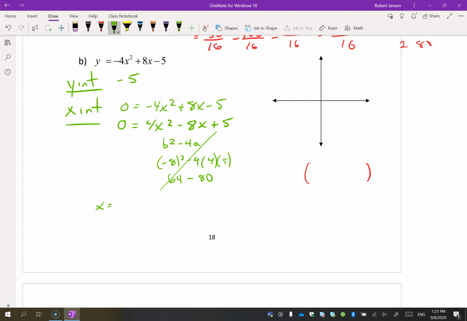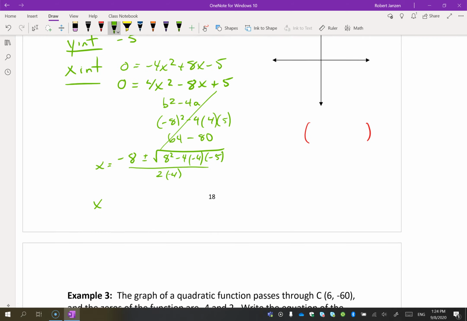Well, you're going to go negative 8 plus or minus the square root of 8 squared minus 4 times negative 4 times negative 5 over 2 times negative 4. So x is negative 8 plus or minus, okay, so this is 20, negative 80, so this is negative 16.